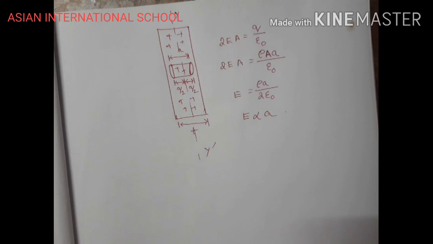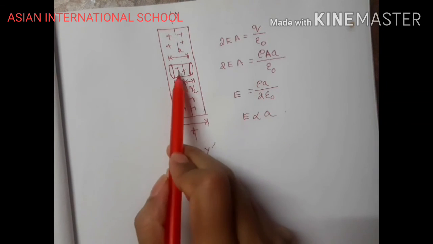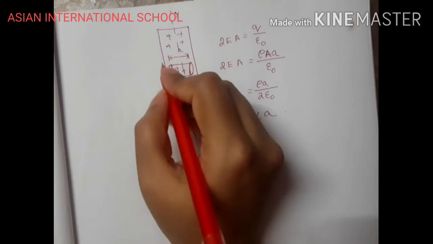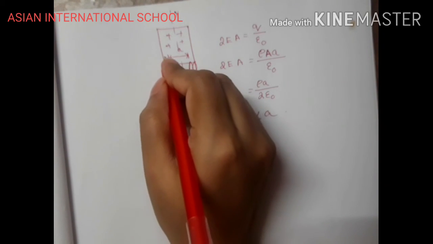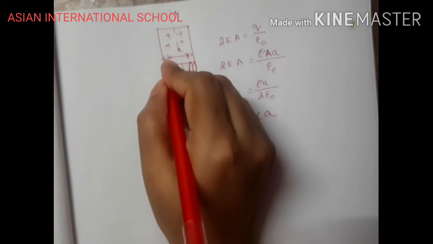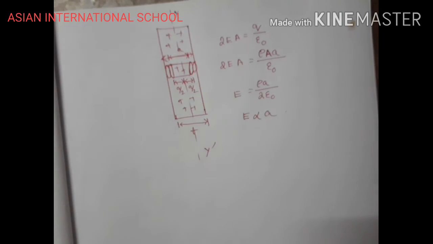Inside a conductor, your electric field is 0, but for a non-conductor, inside it, your electric field depends on the distance. See, if I increase this Gaussian cylinder, area A will be the total length, right? So it will depend on the distance.